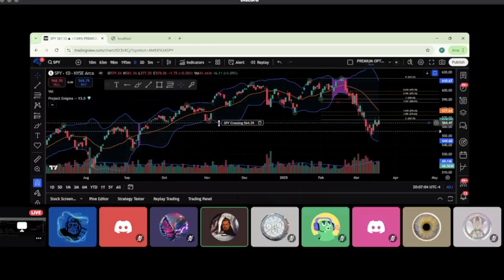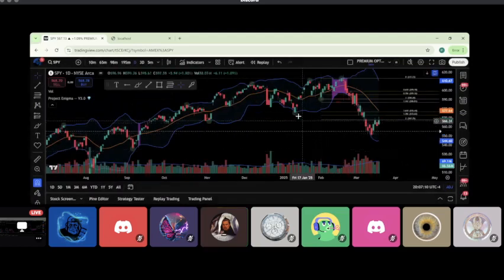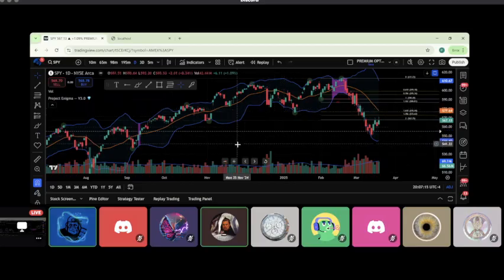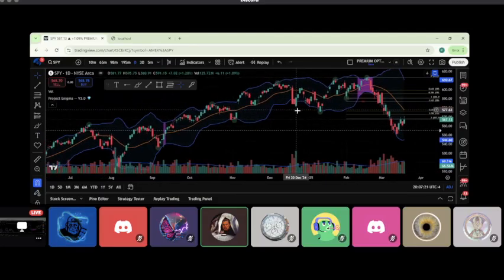A lot of the times you'll see a wick at the bottom or the top of the candle, and then it'll instantly change direction. And you'll have to wait for confirmation for like 1 or 2 candles to close. But once you get a green candle, let's say off the bottom of the Bollinger Band, or let's say the middle Bollinger Band, that'll usually indicate which direction you're headed, in a bullish or bearish direction.